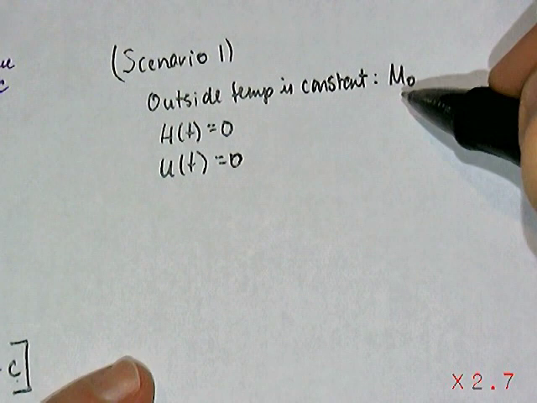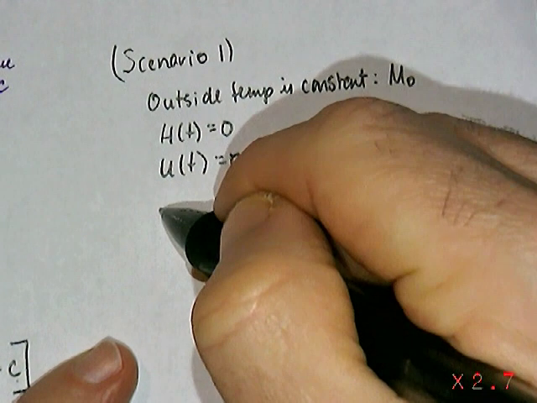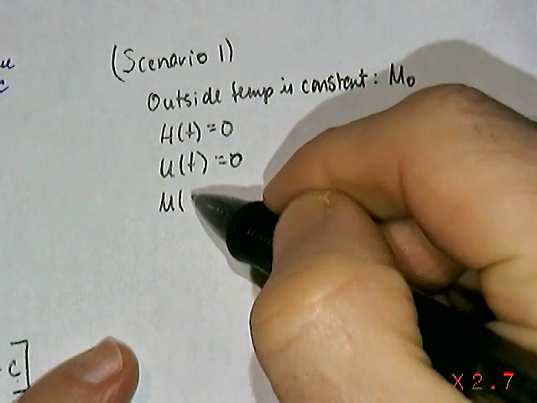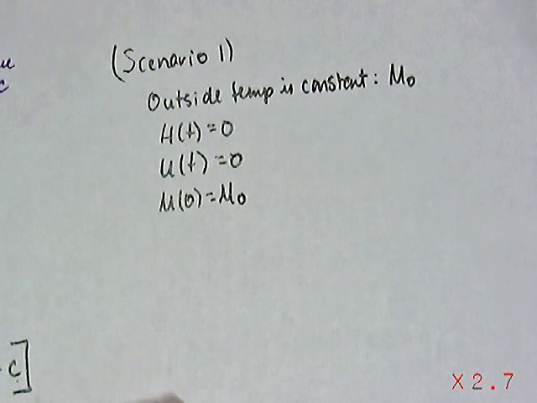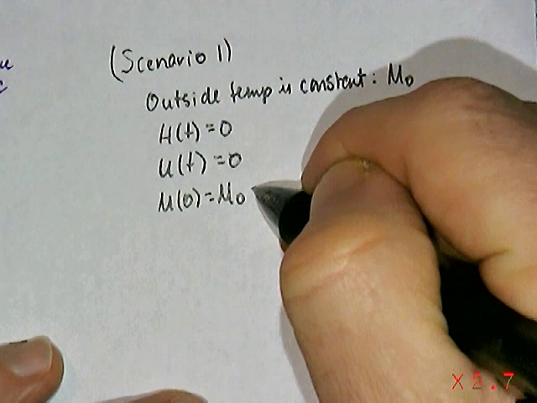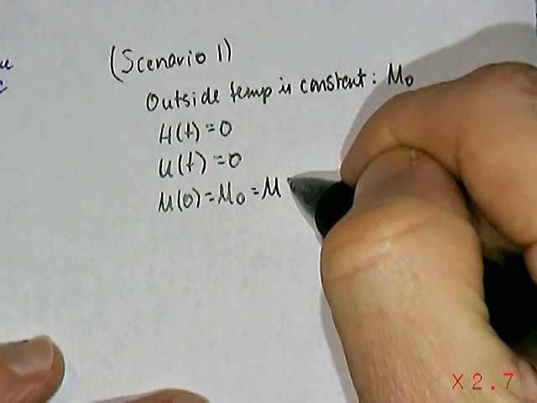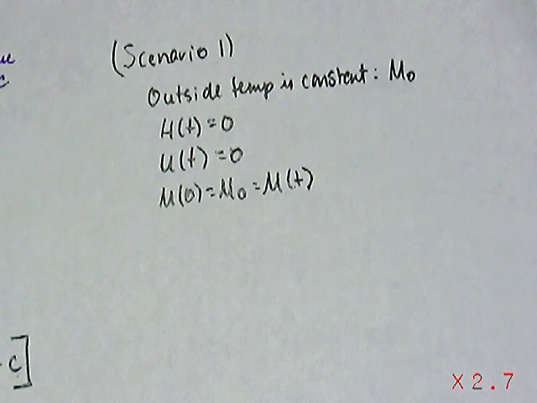Again, the outside temperature is assumed initially equal to m0 and it stays constant. Not only initially, it's always m0, so that's what it means to be constant. So the outside temperature never changes. So the m of t is just that fixed constant.